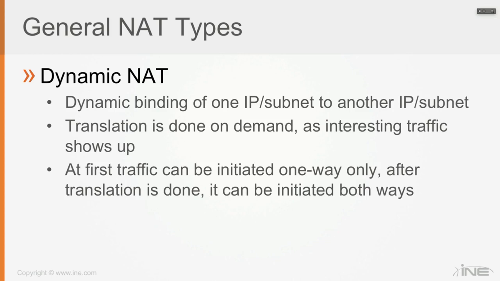It's not always present; as interesting traffic shows up on the router, the router has to do the translation. So with dynamic NAT, at first traffic can be initiated one way only, because the translation is not active to begin with. But once the translation is done, it can be initiated both ways.